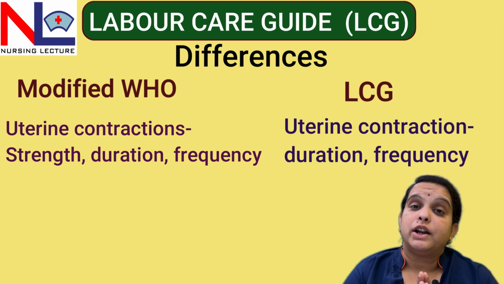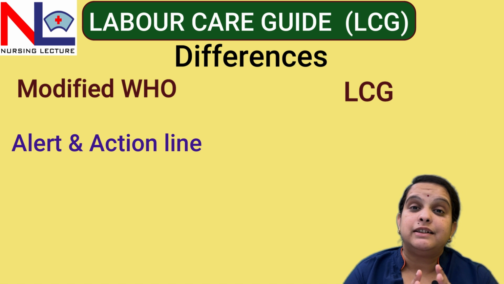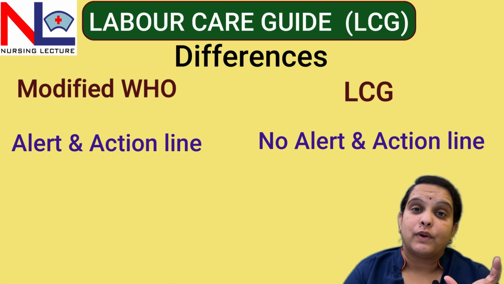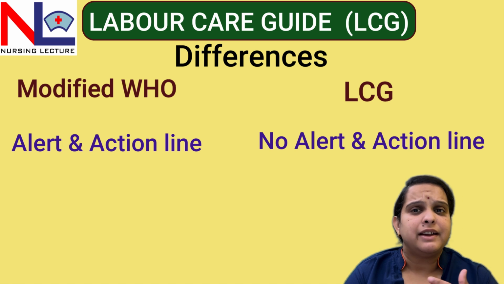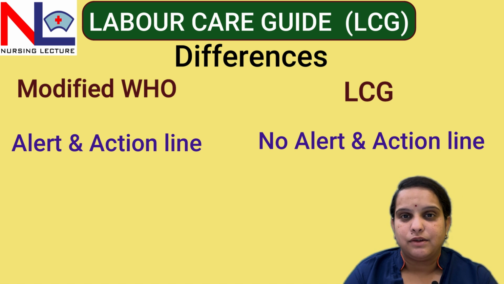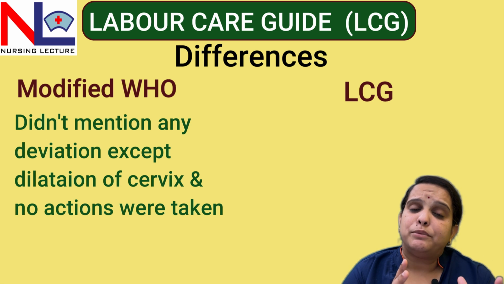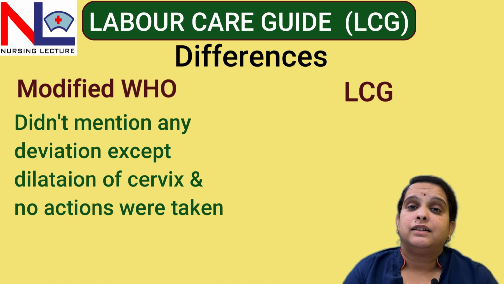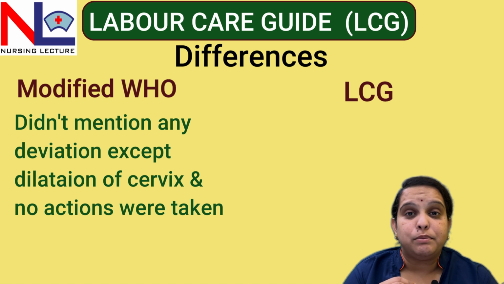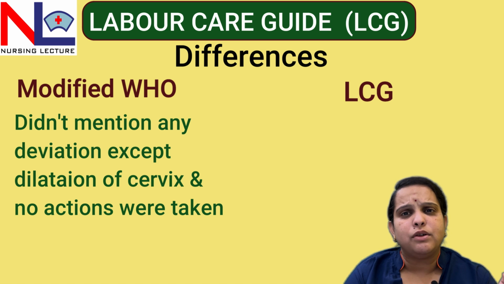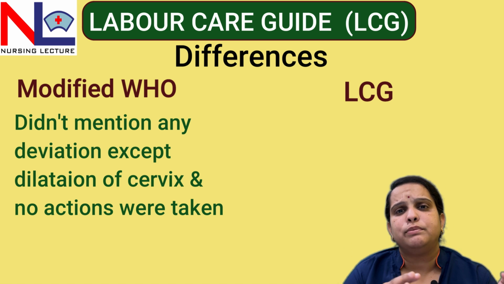Even though in modified there were 2 lines, alert and action line, here, as there is no fixed cervical dilatation rate, there is no alert and action line on this LCG. In modified, if any complication happens, the abnormal deviation can only be identified by monitoring the line being plotted in between the alert and action line, or if the plotting goes beyond the action line.